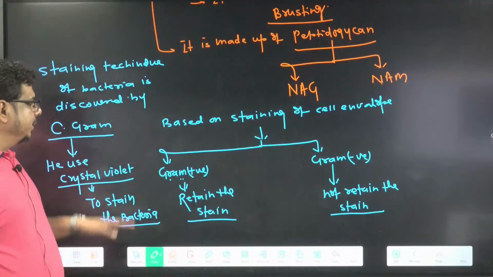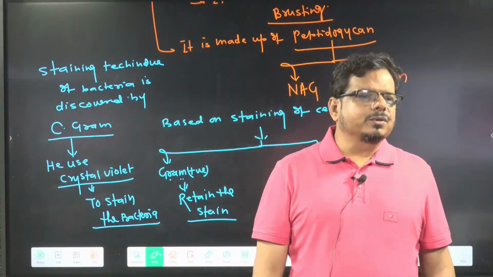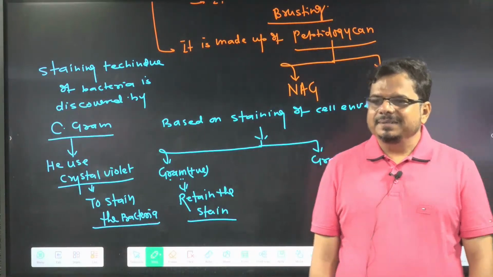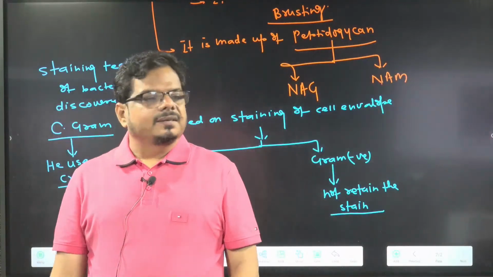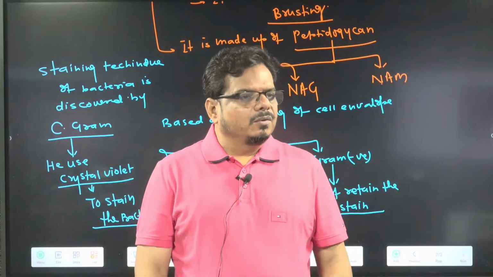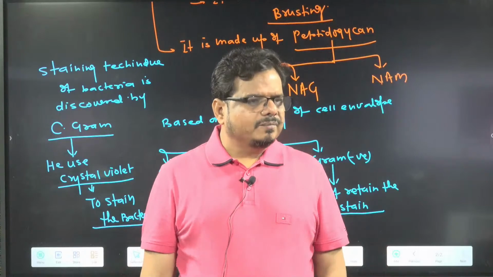And I am closing it here only. Of course, I can understand many questions may arise in your mind, like why one retains the stain, how to do staining, which color will come, and what is the meaning of retaining a stain and not retaining a stain.